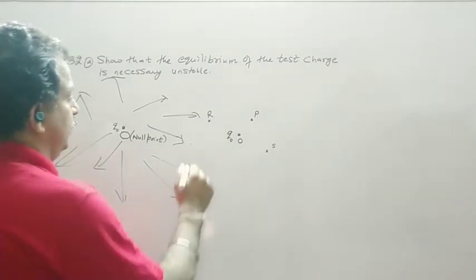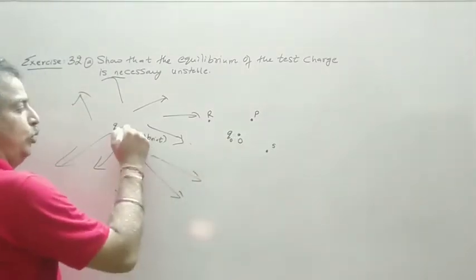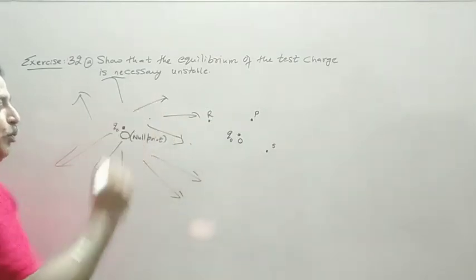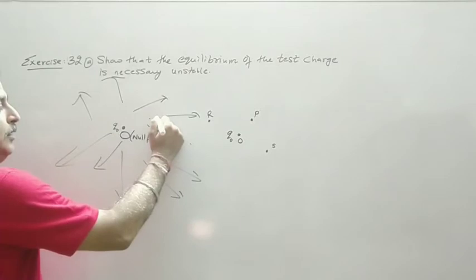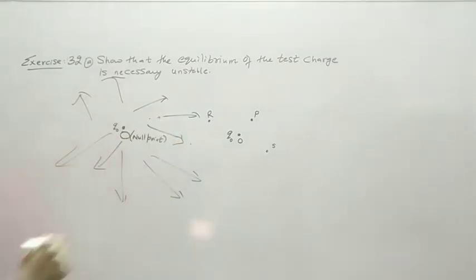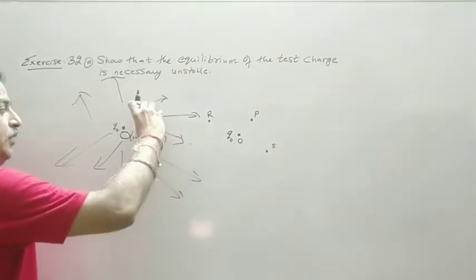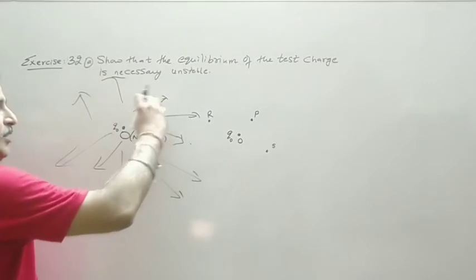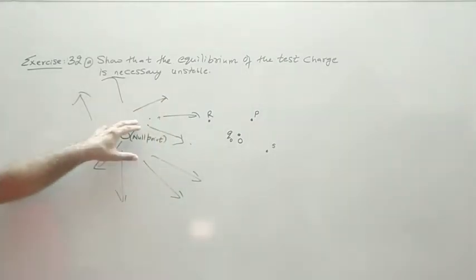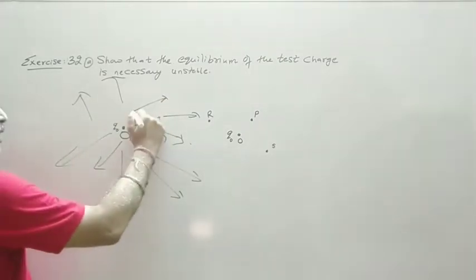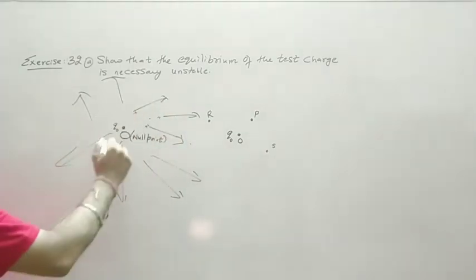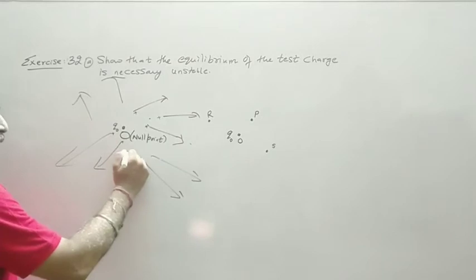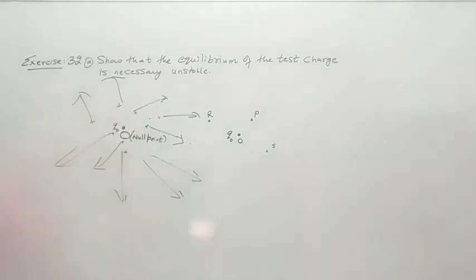If I move it towards point P, what will happen? If I say this is a field line, this field will exert force on it. If we assume the test charge is positive, this positive charge will repel it away, and here this positive charge will also repel it away.